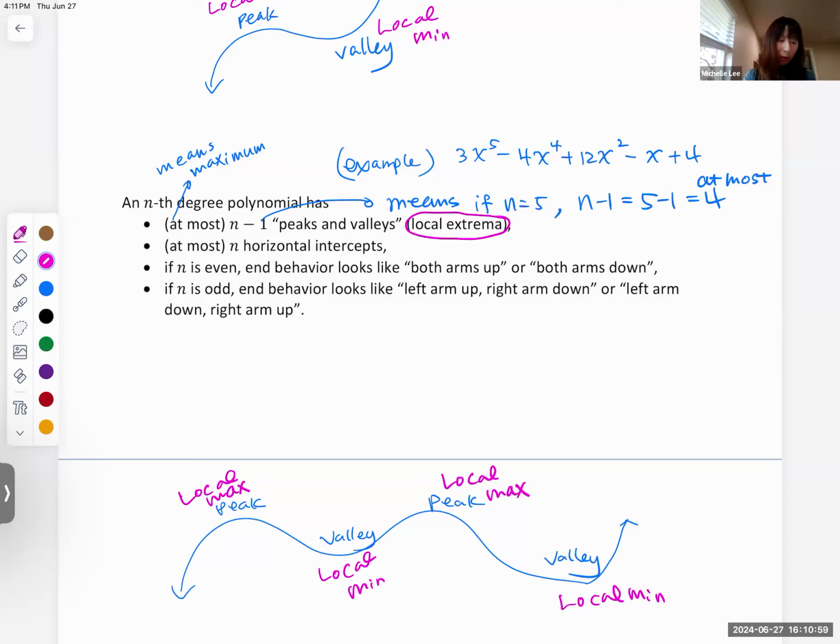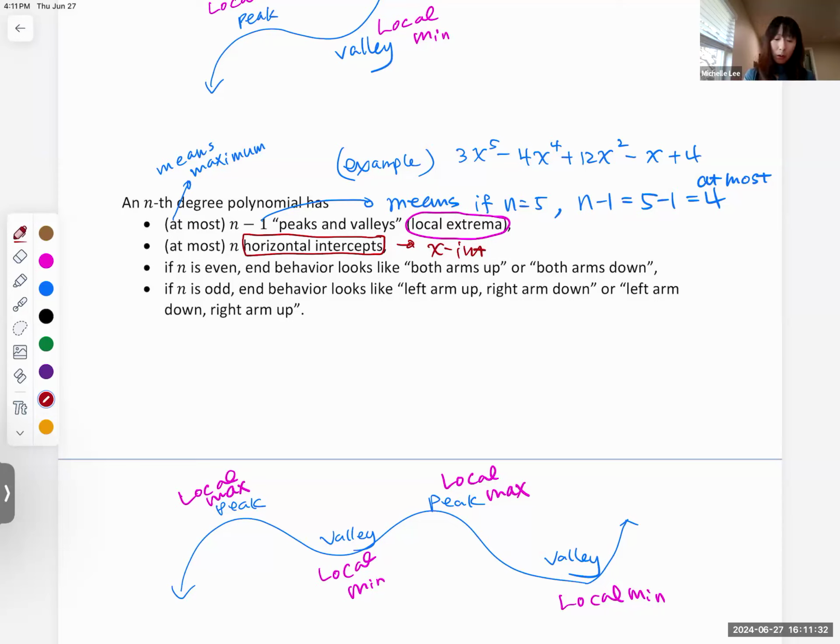Okay, now the next sentence said that there are at most n horizontal intercepts. That means n horizontal intercepts, meaning x-intercepts. An x-intercept means the point where the graph touches the x-axis, right? The point on the x-axis.